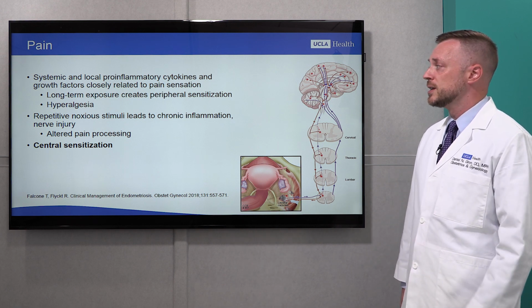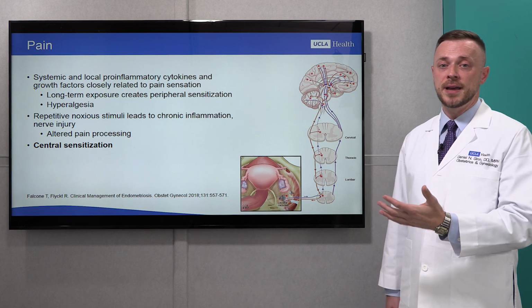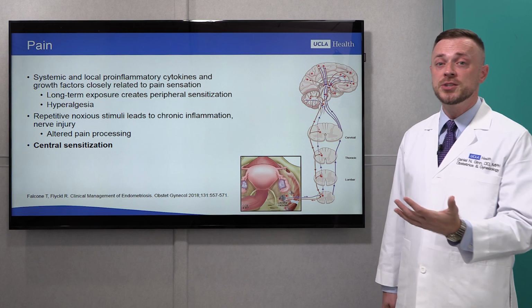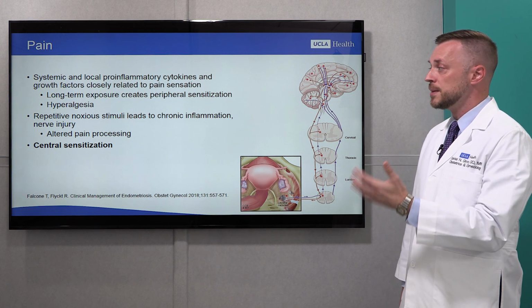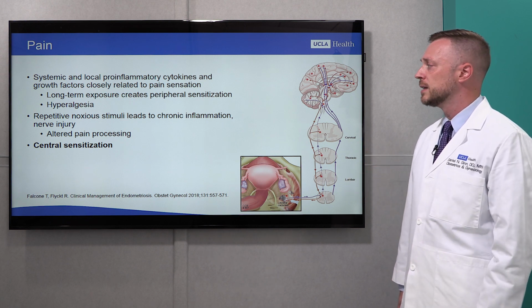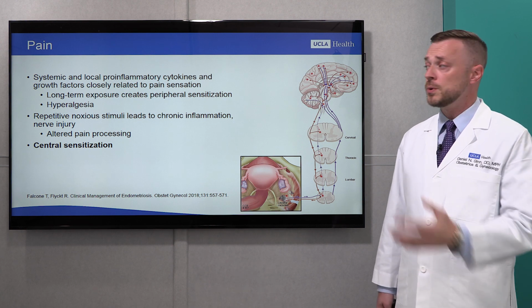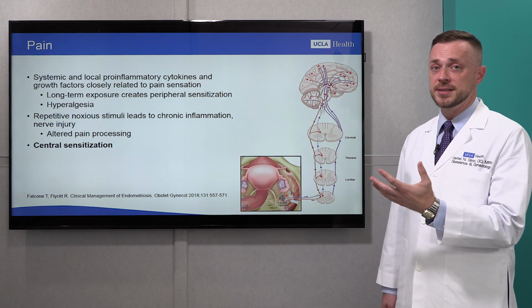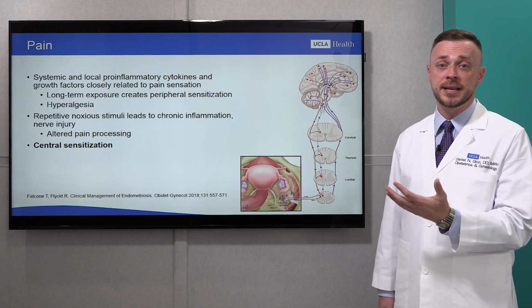Long-term exposure to this creates sensitization that then becomes hyperalgesia, where you feel a more intense version of what you're really feeling. Repeatedly feeling pain over and over again can then also lead to chronic inflammation and nerve injury, and also rewire the pain processing that the person experiences. And this can lead to a condition called central sensitization.